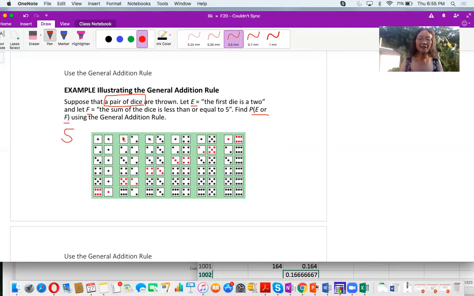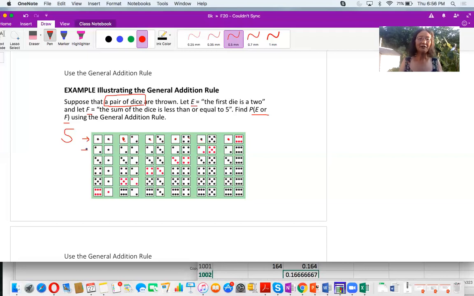The second die may be 3, etc. When the first one is 1, the second may be 4, or 5, or 6. So you repeat the pattern. This is the first row, when the first one is 1.